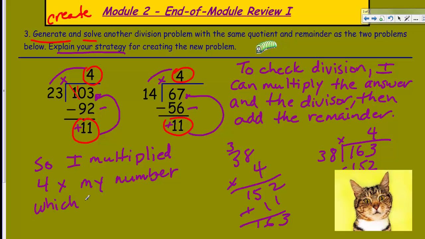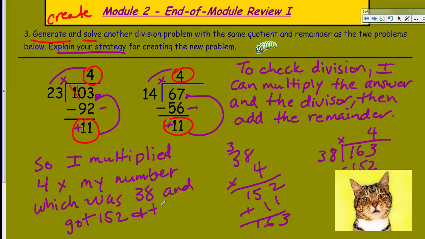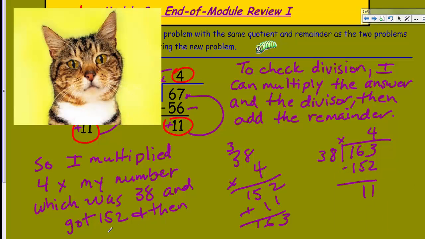That's what I chose. And I got 152. Okay, so basically then, I added 11.